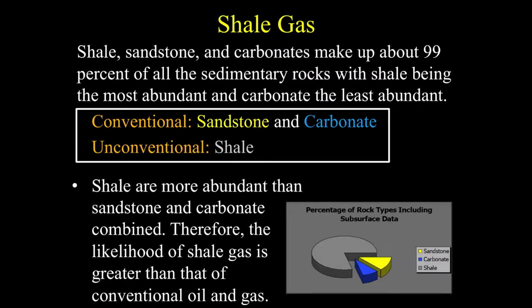Shale, sandstone, and carbonates make up about 99% of all the sedimentary rocks, with shale being the most abundant and carbonate the least abundant. Conventional oil is sandstone and carbonate. Unconventional oil consists of shale. Shale is more abundant than sandstone and carbonate combined. Therefore, the likelihood of shale gas is greater than that of conventional oil and gas.